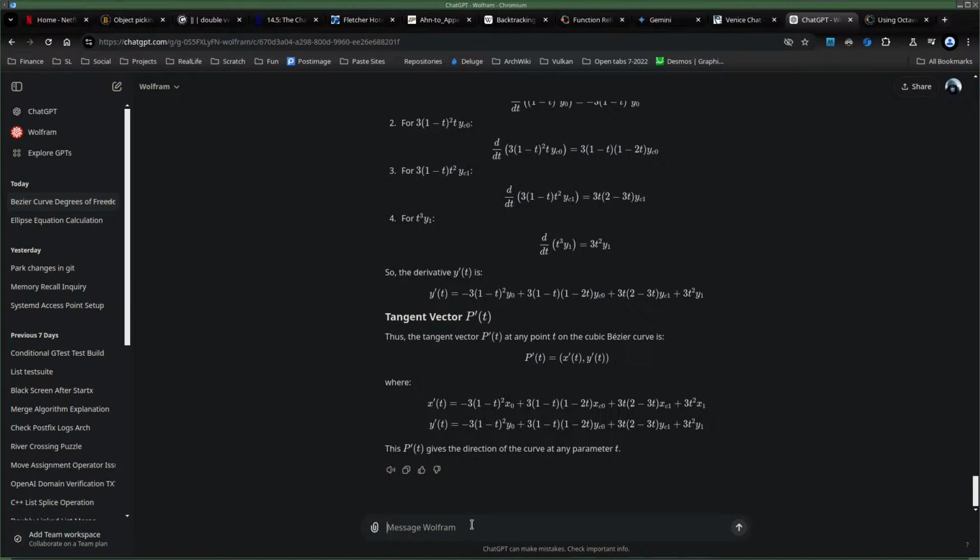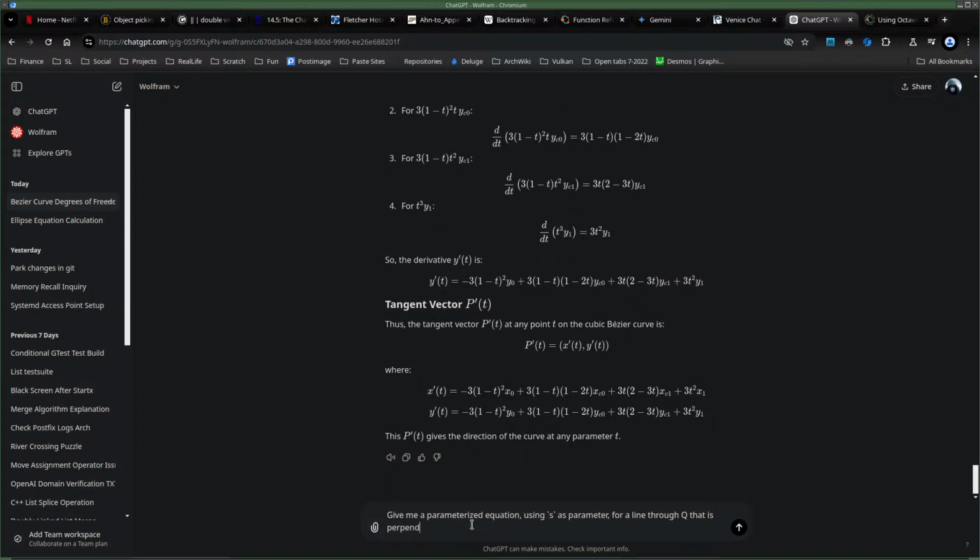So, give me a parameterized equation using, I don't know, S as parameter, for a line through Q that is perpendicular to (x'(t), y'(t)) as given.